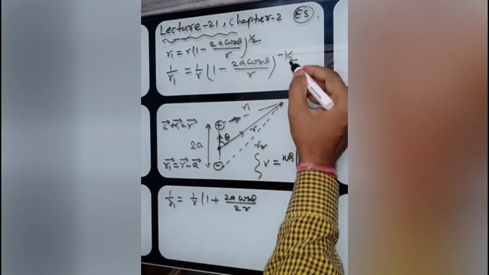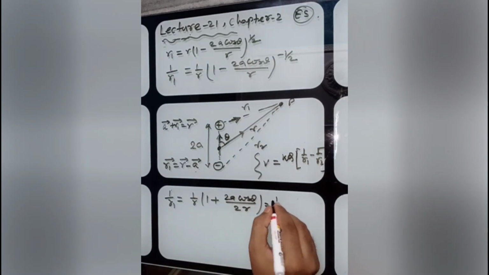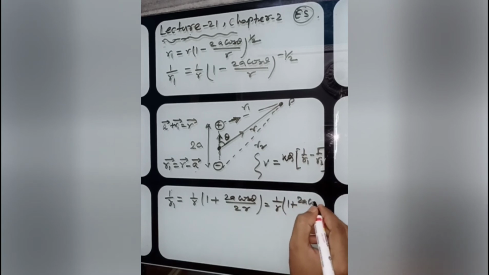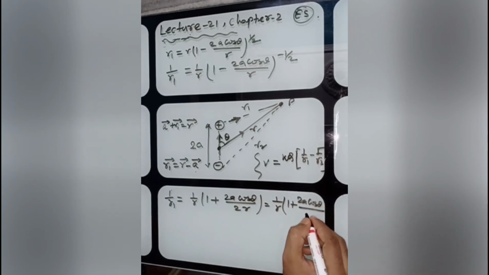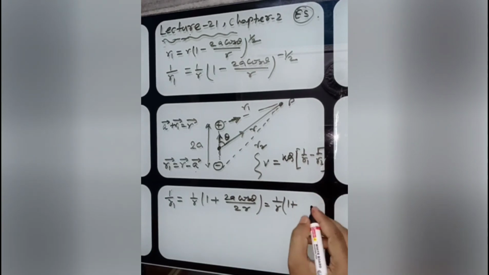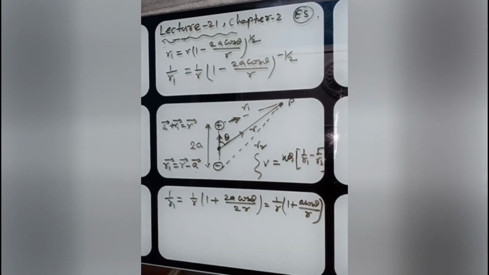How this 2? This 2 will multiply with the denominator and the 2 will be cancelled out. Overall we are getting here 1 by R times 1 plus A cos theta over R.